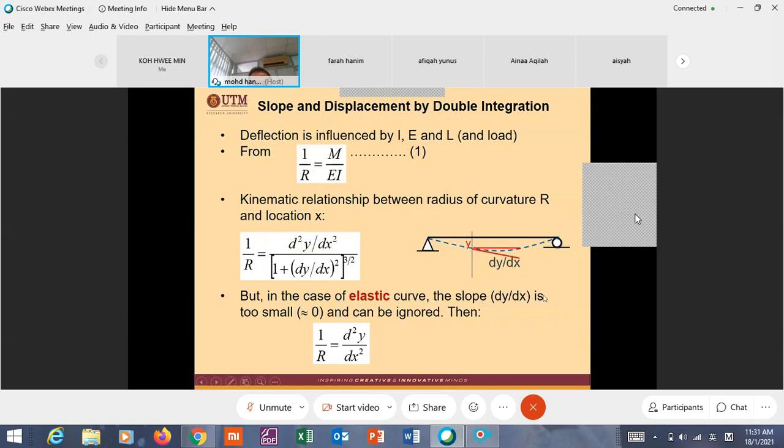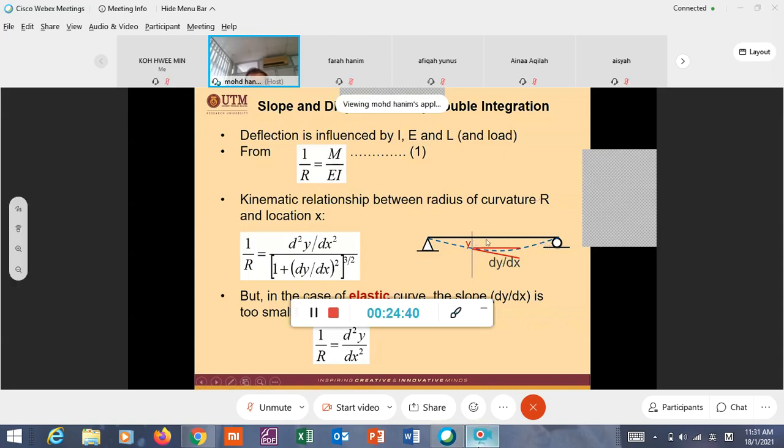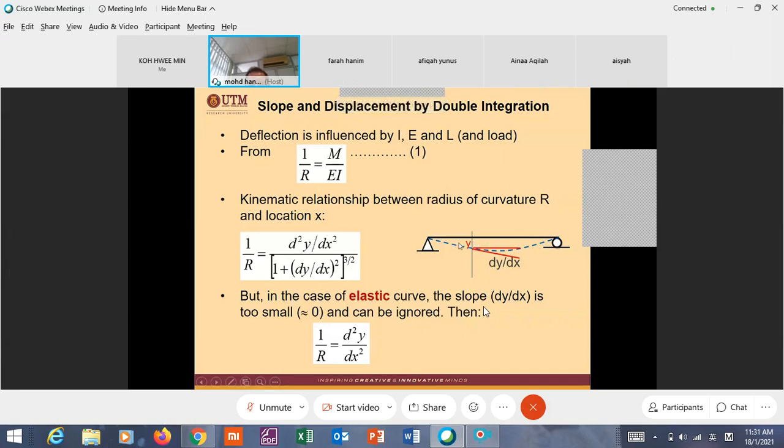And then, in the case of an elastic curve, the slope dy/dx is too small and can be ignored. Why is it small? Because it is an elastic curve. An elastic curve is not large. It is not excessive deflection, very small deflection.